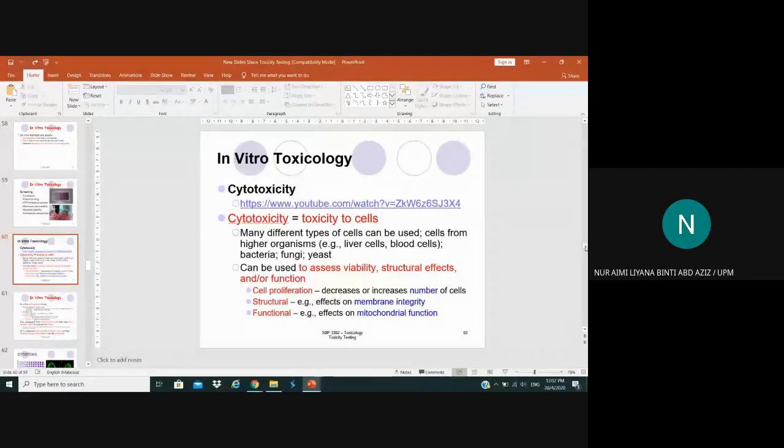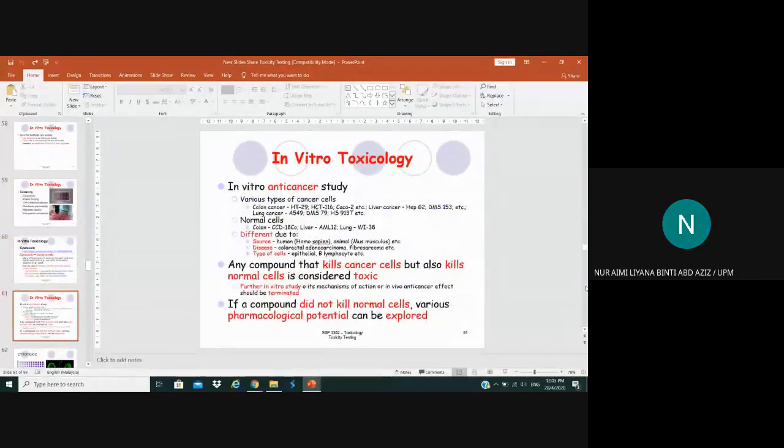So how do you want to test this? You need to use a cell culture that has a defect, for example an eye cell culture with a defect, or you use an animal that has been induced to have damaged retina. Then you give your extract and see what happened. So this is in vitro toxicology.